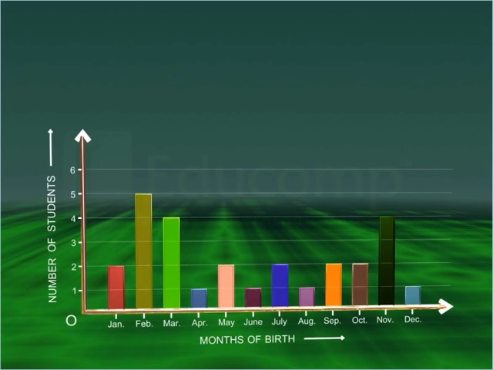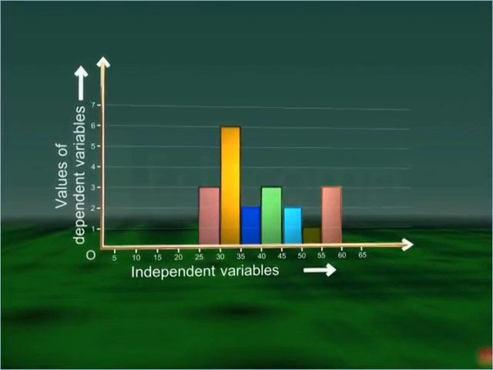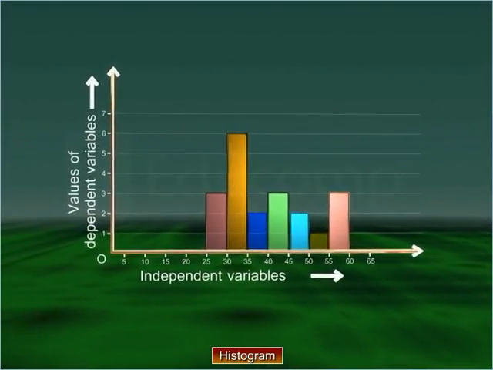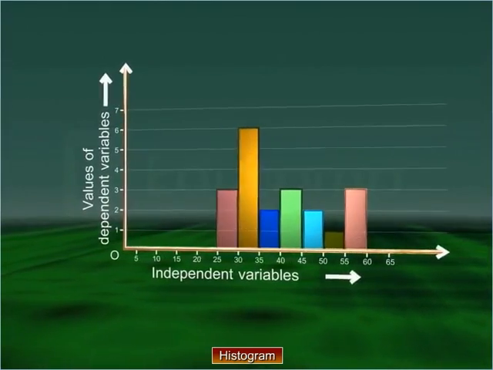So, by looking at the heights of bars, you can easily tell that the maximum numbers of students are born in the month of February and the minimum numbers of students are born in April, June, August and December.